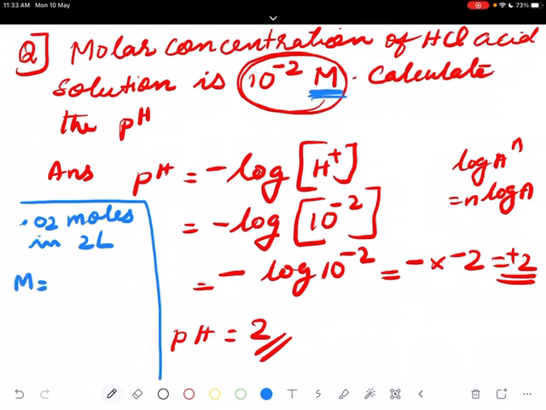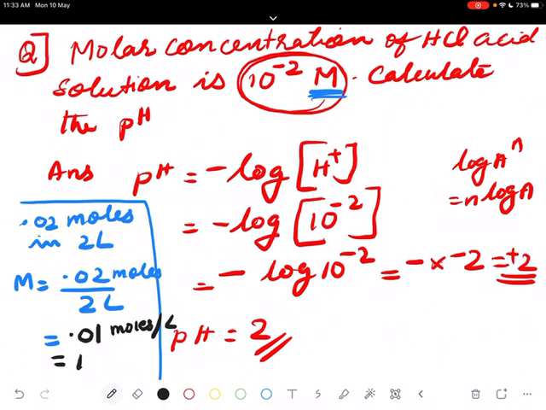So molarity is equal to 0.02 divided by 2 liters, moles per liter. So this will be 0.01 moles per liter, which is equal to 10 to the power minus 2 molar.